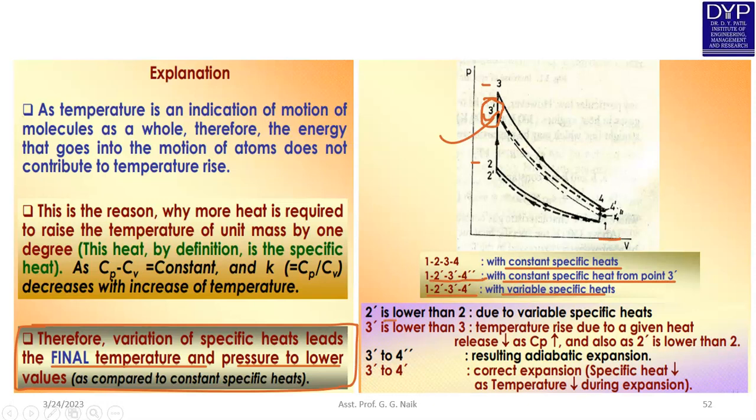So here 2 dash is lower than 2 due to variable specific heats, and 3 dash is lower than 3. The temperature rise for a given heat release decreases as Cp increases. Then for adiabatic expansion from 3 dash to 4 dash, specific heat decreases as temperature decreases during expansion.